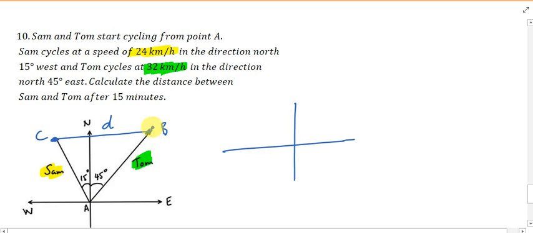So AB's distance we can find because Tom is cycling at 32 kilometers per hour, and this person travels 32 kilometers in 60 minutes. So we want to know in 15 minutes. In other words, we're dividing by 4, so we need to divide this by 4 as well. So 32 divided by 4 gives 8 kilometers per 15 minutes. So this person traveled 8 kilometers, so we got 8 here, right?